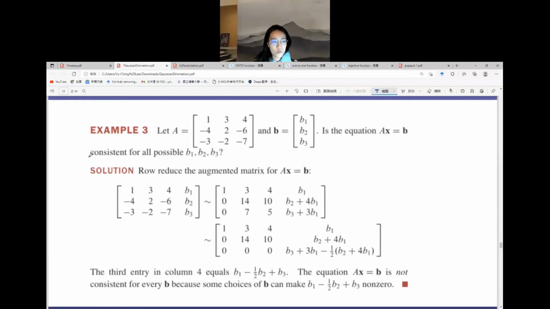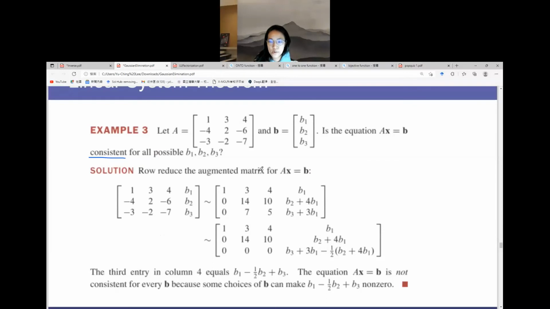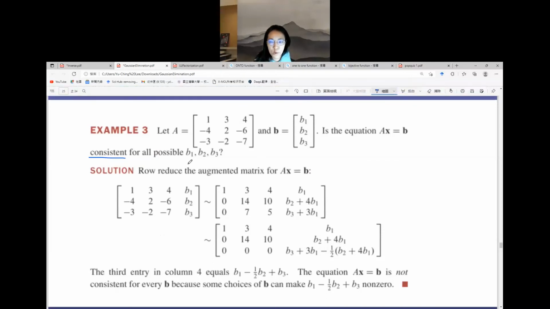And here you see the term consistent. That's why we need to define what consistent and inconsistent systems are, as sometimes people use these terms to describe the situation where Ax = b has a solution.